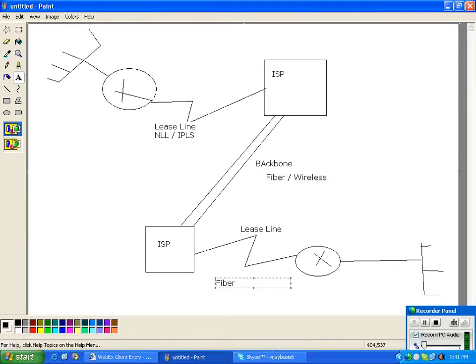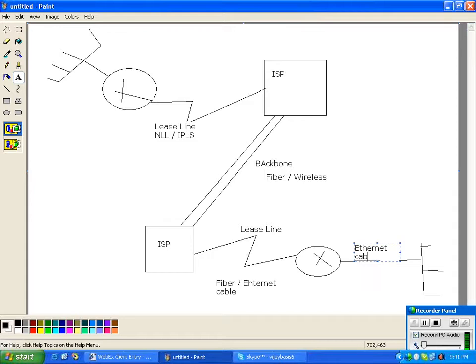And this line is a cable. Fiber, cable, or Ethernet cable, depending upon the size, the distance.